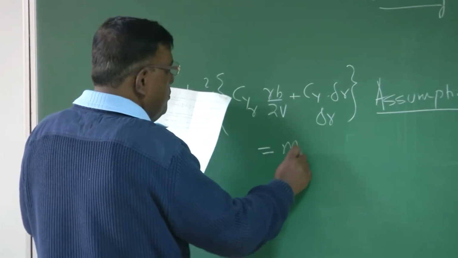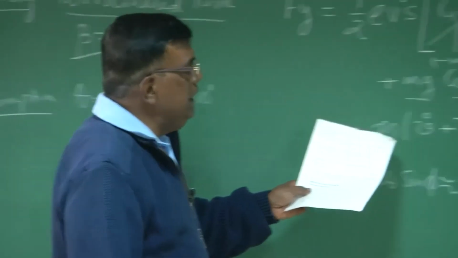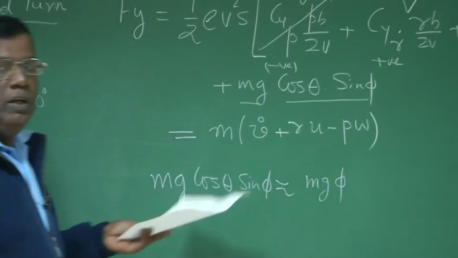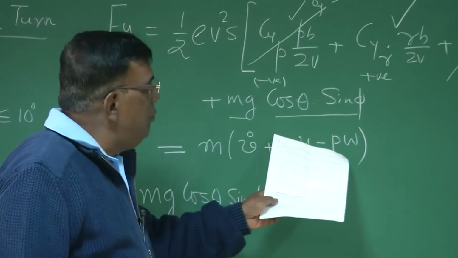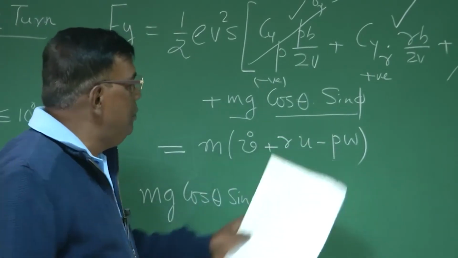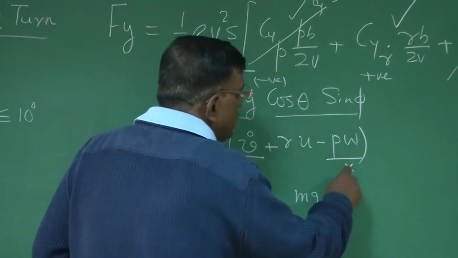This is equal to m. Now, v dot, it is a steady coordinated turn, so v dot automatically goes. There is no roll, so P w goes because of the steady coordinated turn, and this also goes.